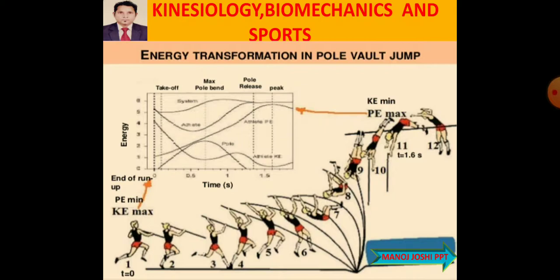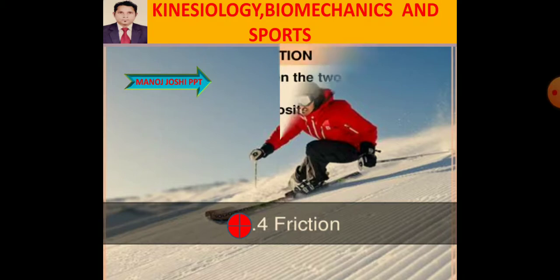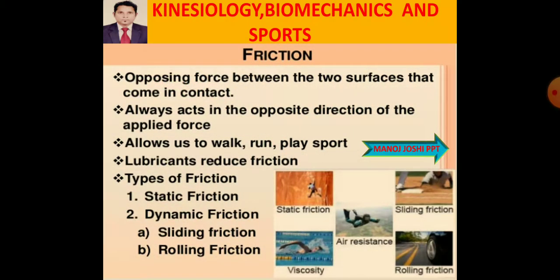Now we will come to another topic, that is friction. So friction is known as an opposing force. This is an opposing force between two surfaces when they come into contact.